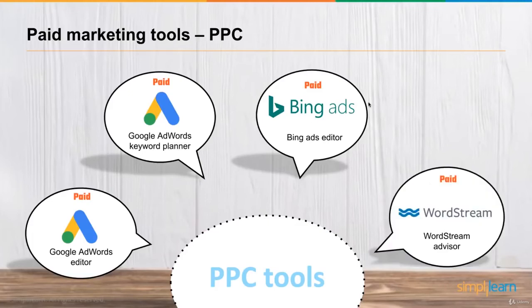You also have some third-party tools out there that you also have to pay for, like WordStream. Bing and Google are actual advertising networks, so you would advertise on the platform itself and get all the data you need right in the platform and leverage a lot of the tools that they have available.